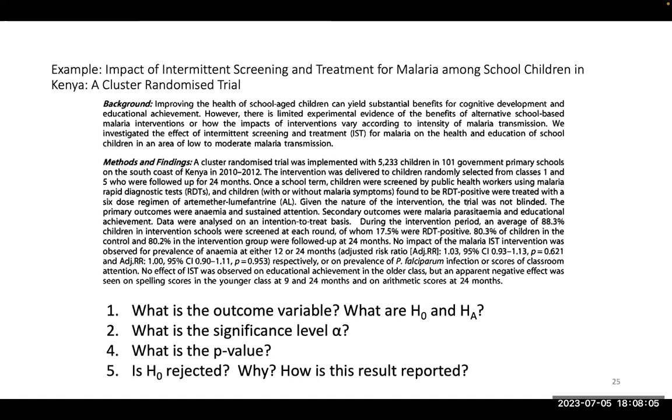Hypothetically, if you have a successful intervention, let's say intermittent screening and treatment for malaria has a significant effect on anemia and improves the health outcome, then the numerator would show a smaller risk and would be divided by a larger denominator, the control group, and then it would go below 1. Everything smaller than 1 usually confers a protective effect. Everything greater than 1 is a harmful effect.